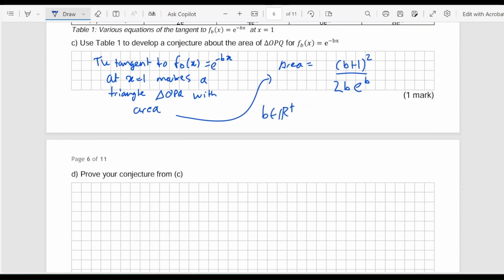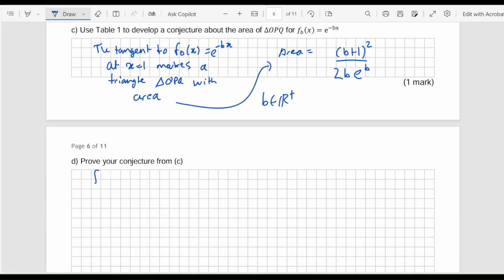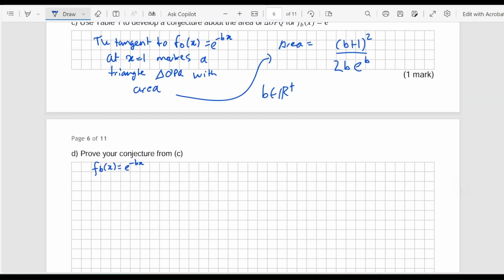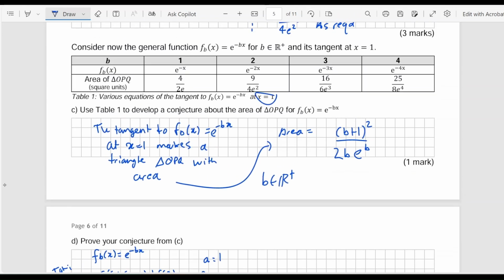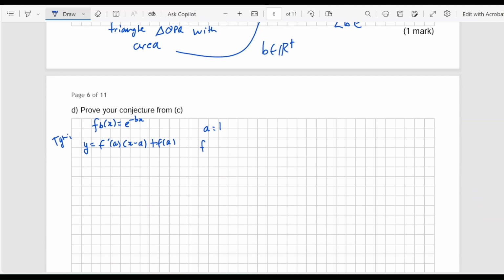Okay, prove your conjecture. So we're going to be looking at this f_b of x is e to the minus bx. Now to get the equation of the tangent, it's going to be f dash of a, times x take a, plus f of a. That's going to be our tangent equation. So a is going to be 1, because it says up here it's still x equals 1 all the time. f of a is going to be e to the minus b lots of 1.